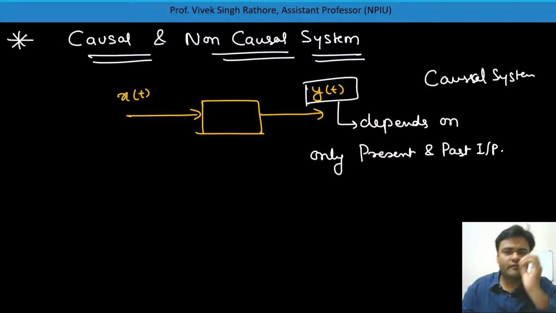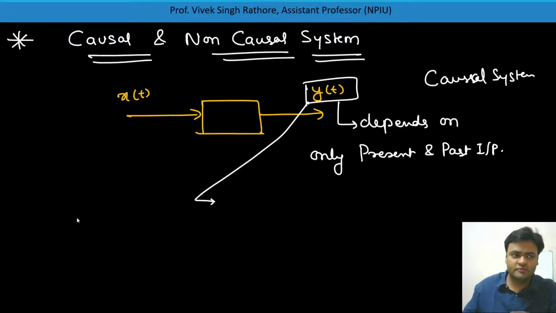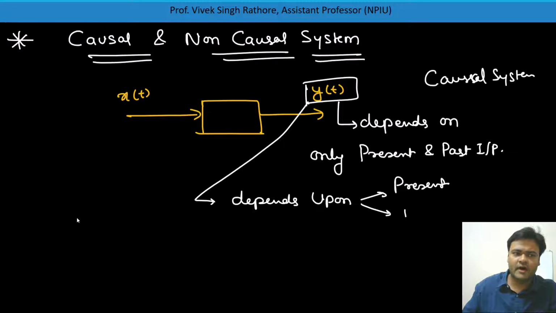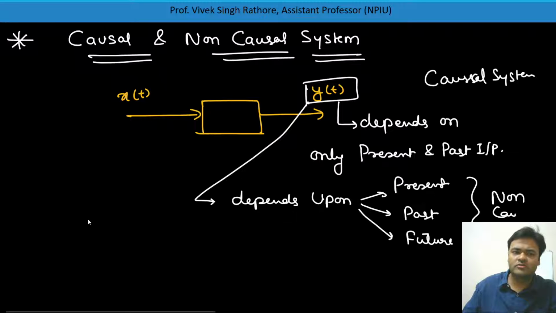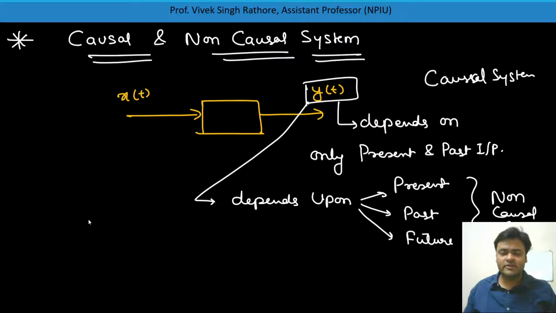If the response of a system depends upon only the present value and past values of input, then it is said to be a causal system. And if the response depends upon the present, past or future value of input, then it is said to be a non-causal system. It is not too lengthy to remember.